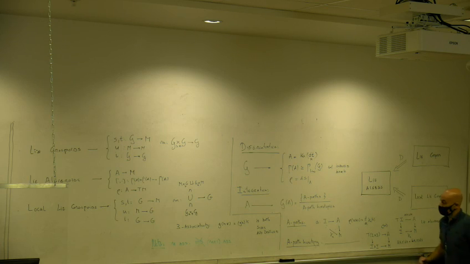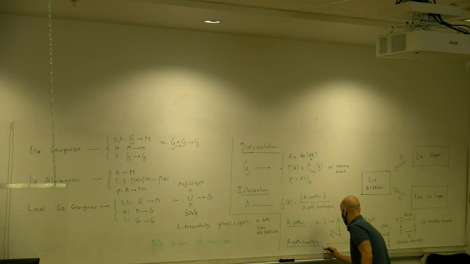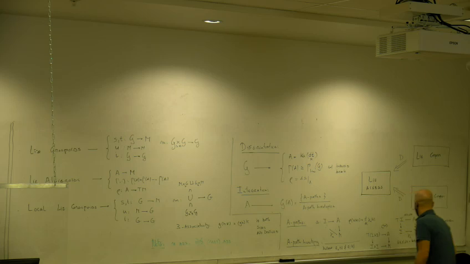Then we want this to be an A-path homotopy, so there are boundary conditions. If this is an A-path homotopy between A-paths a0 and a1, then a(t,0) is a0 and a(t,1) is a1.